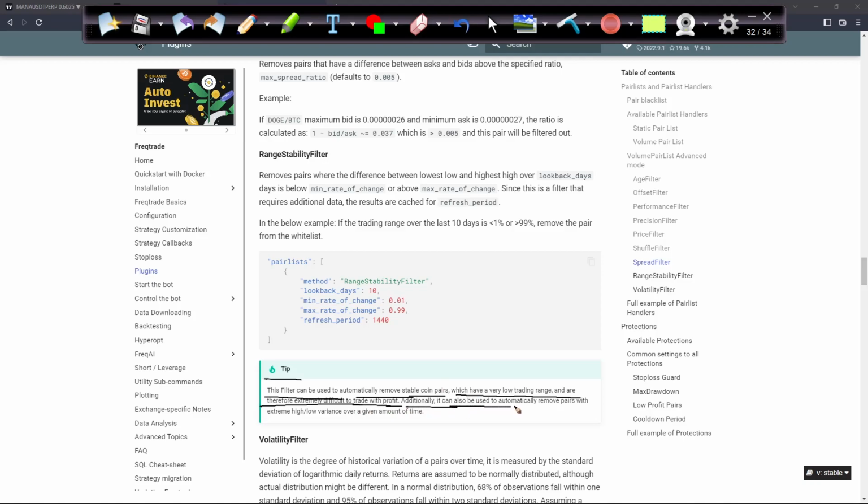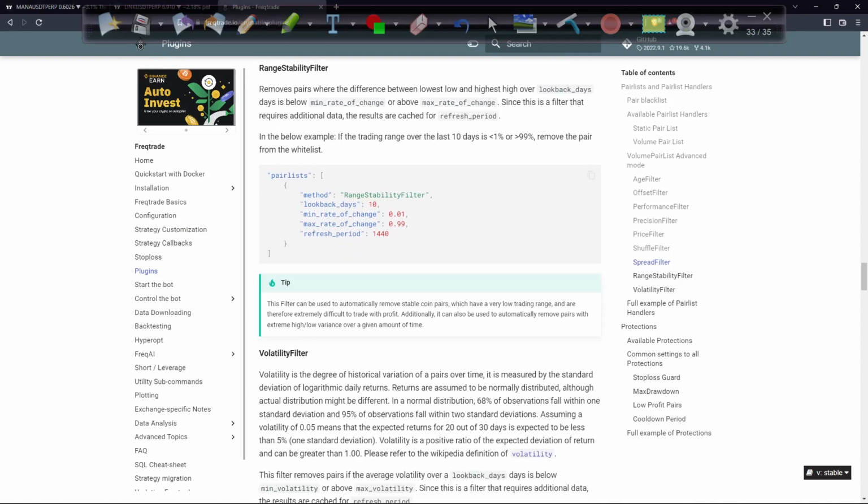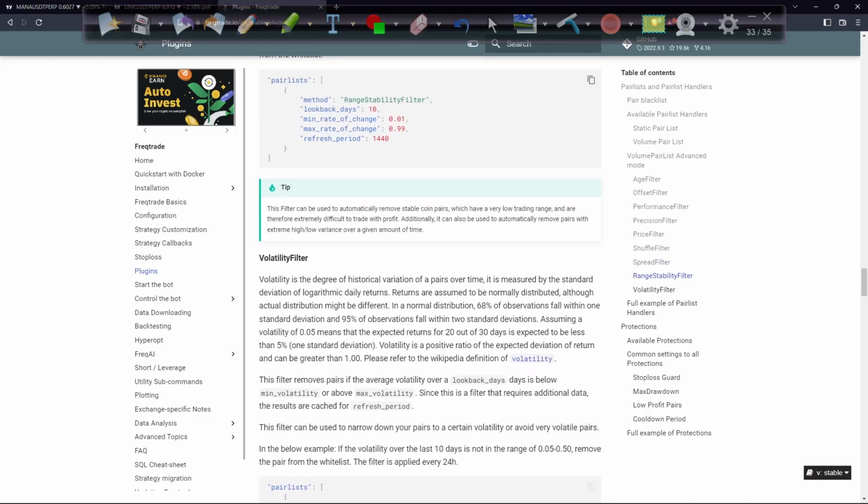Additionally, it can also be used to automatically remove pairs with extremely high or low variance over a given amount of time. So it's basically some sort of volatility filter. We want to be active in the more volatile market, and that's what it does.